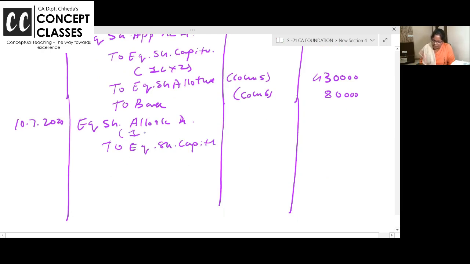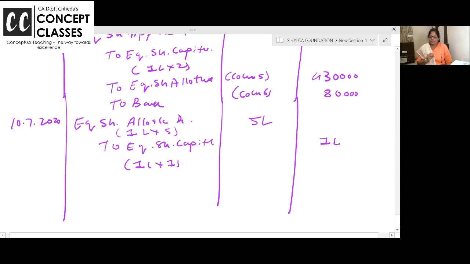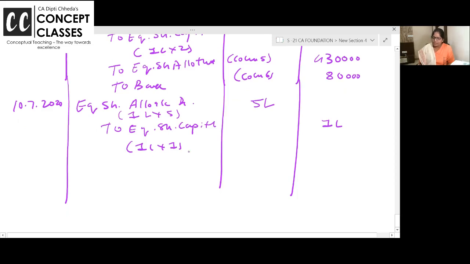How much is allotment due? 1 lakh into 5, 5 lakhs. How much will you transfer to capital? Figures are clear or not? 1 lakh into 1. 1 lakh into 5 is due. 1 lakh into 1, and 2, securities premium, 1 lakh into 4, 4 lakh.